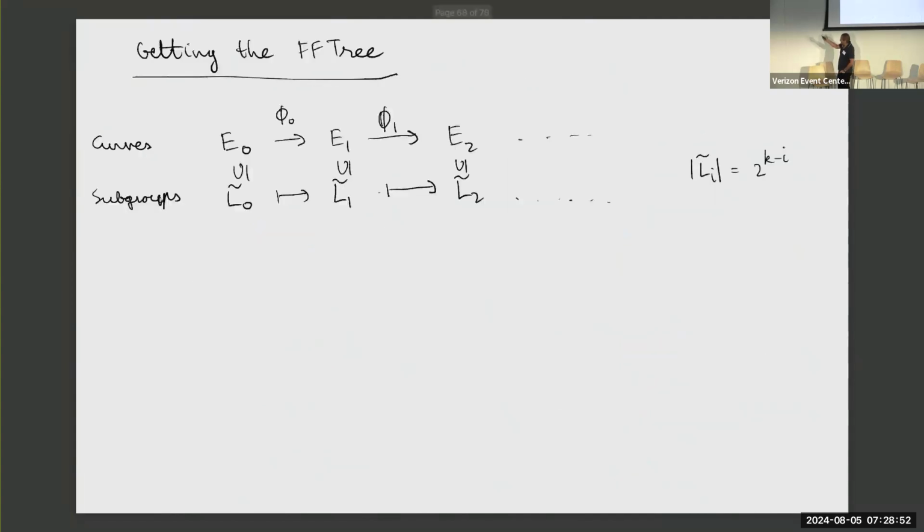Okay, so I'm going to skip a little bit. These are the elliptic curves. We find a sequence of elliptic curves. Within each there's a subgroup. All these elliptic curves are defined over Fq, and within each of these elliptic curves there's a different subgroup of size 2 to the k minus i, and there are degree 2 maps phi i which map any given Ei to Ei plus 1, and it's a degree 2 map of elliptic curves.